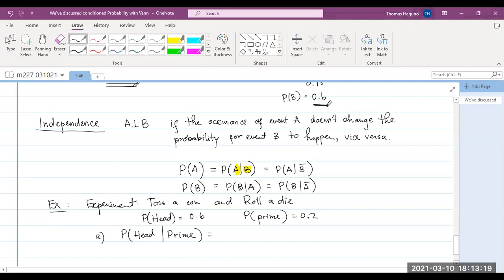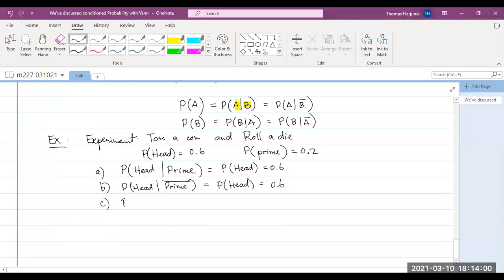They are independent. So what is the probability of getting head if you know the die gives you a prime? Well, that will still be the probability of head anyway. It doesn't matter whether you get a prime or not. How about the probability you get a head when you toss that coin, knowing the die is not a prime? That's still the same, you don't need to know if you get a prime or not from the die. That's still 0.6 to have a head.